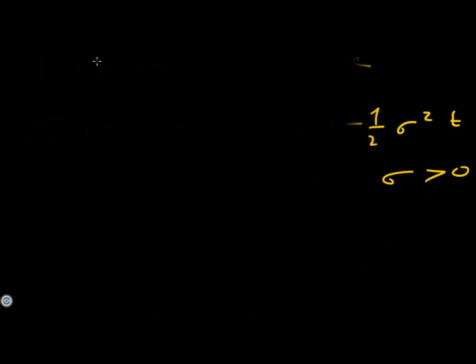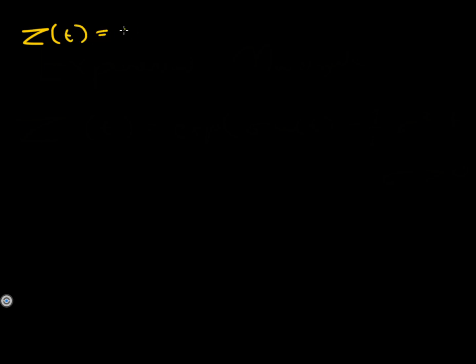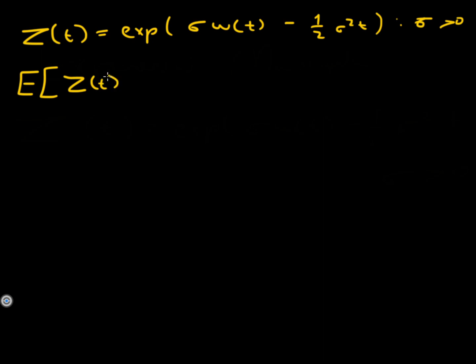Now comes the rigorous proof for it. So Z_t is equal to the exponential function of sigma W_t minus 1 over 2 sigma squared t, where sigma is bigger than 0. So let's say we have the expected value of Z_t conditioned on F_s. So we have the expected value of the expression above.